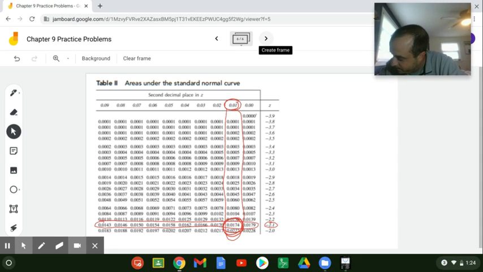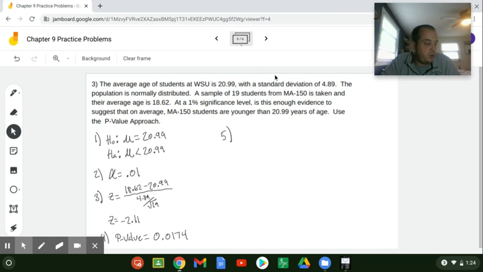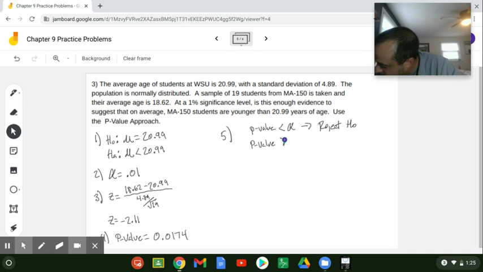Now, for these ones here, it might be easier for you to not draw a picture. It's up to you. If you want to draw the picture, you can. But the key thing here is remember on these ones, if our p-value is less than alpha, then we reject the null hypothesis. If the p-value is greater than alpha, then we fail to reject the null hypothesis.